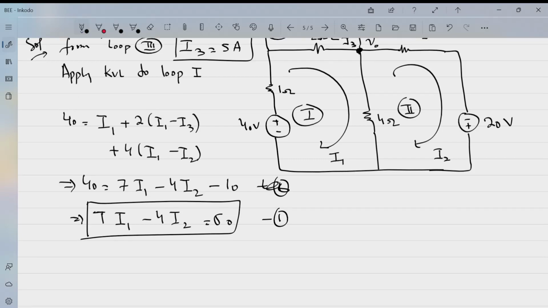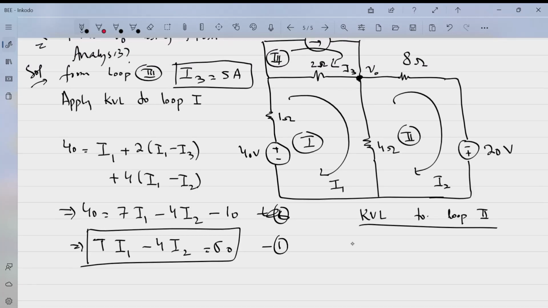And applying KVL to loop 2, 8I2 minus 20 plus 4I2 minus I1.